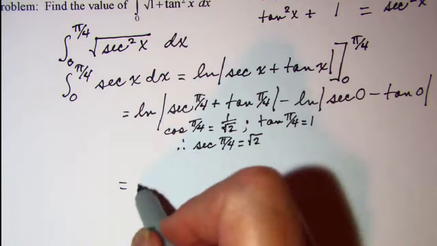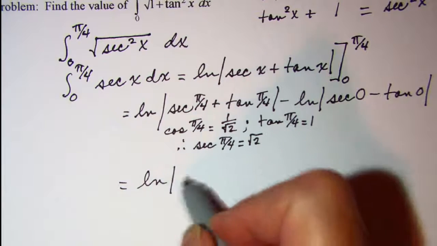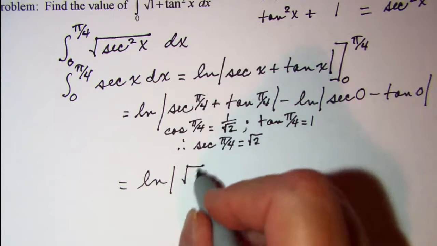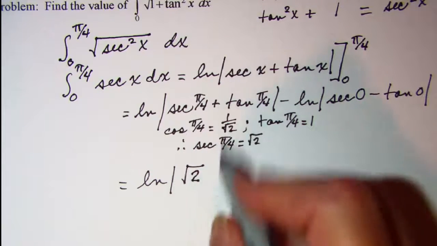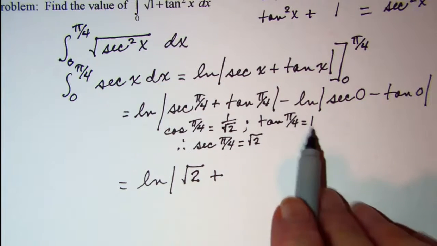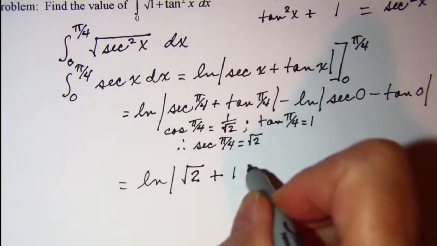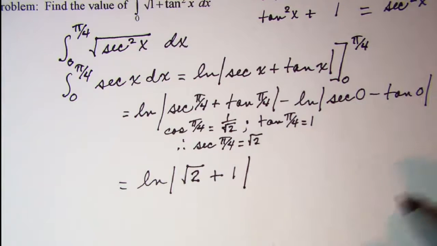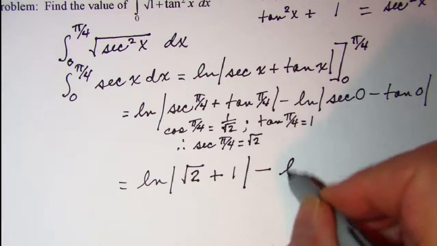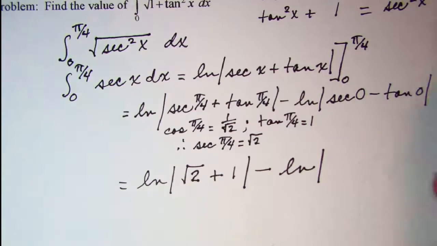So we have ln absolute value. The secant of pi over 4 we said was root 2 plus, and then the tangent of pi over 4 is 1. And then subtract from that ln absolute value.